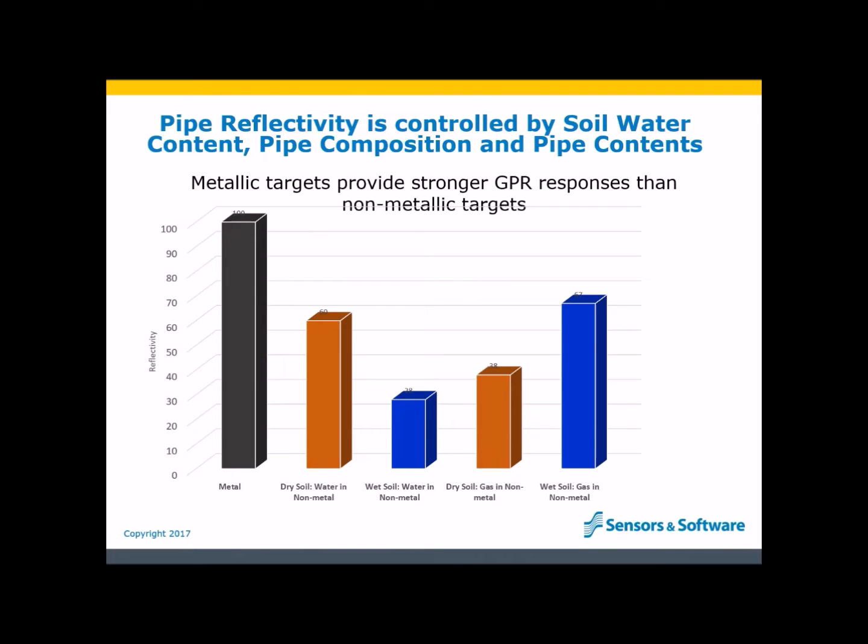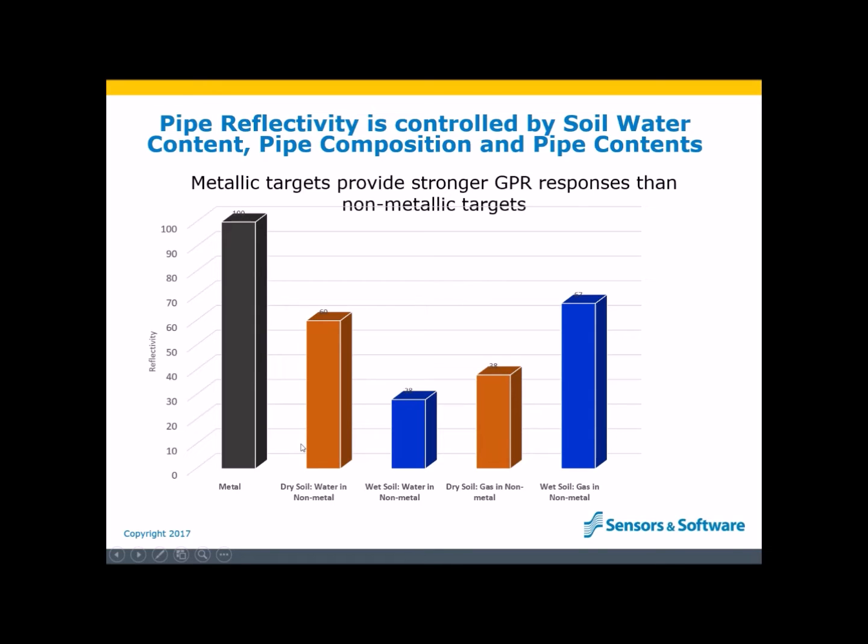Now let's look at gas-filled non-metallic pipes. When going from a dry sand with a K of 5 to a gas in a non-metallic pipe with a K of 1, the reflection coefficient is 38%. Again, let's saturate the soil with water, so now it has a K of 25, and look at how the reflection coefficient changes.